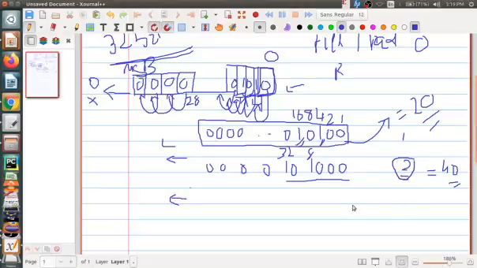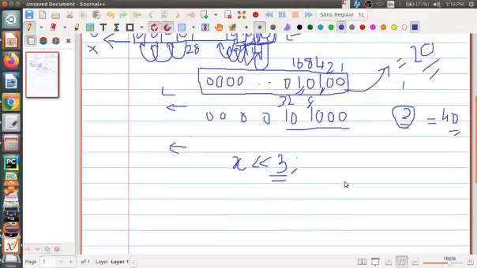Now imagine I have the value x left shift 3 times. That means I have to shift 3 times. 3 times means each time I am multiplying by 2: 2 into 2 into 2.